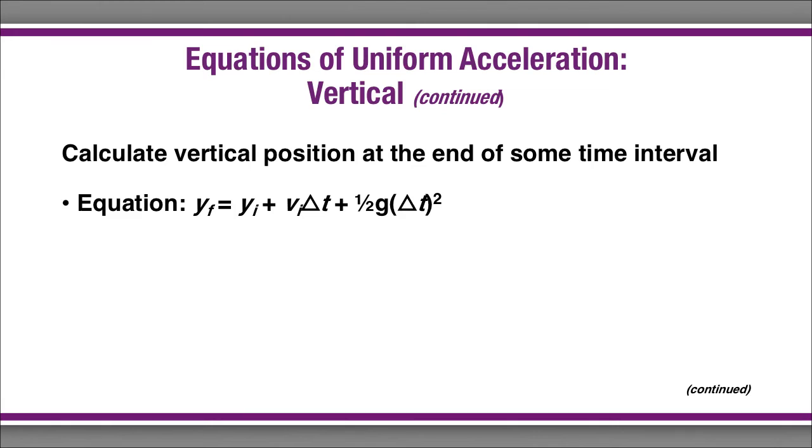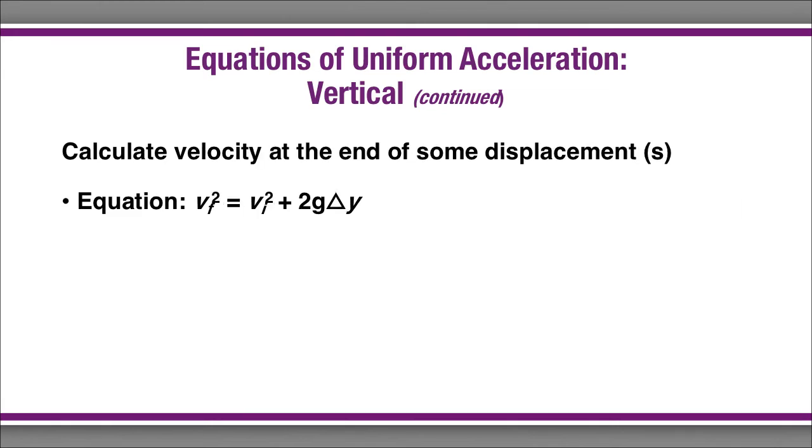Now, in order to look at velocity at the end of some displacement, say we're not given the time interval in which we're looking, this is another equation that we can use. So in this equation, it would be final velocity squared equals initial velocity squared plus 2 times the acceleration due to gravity times the change in displacement. All right.